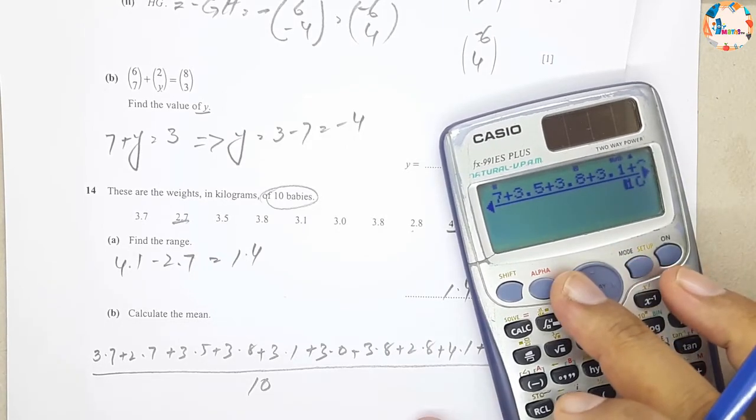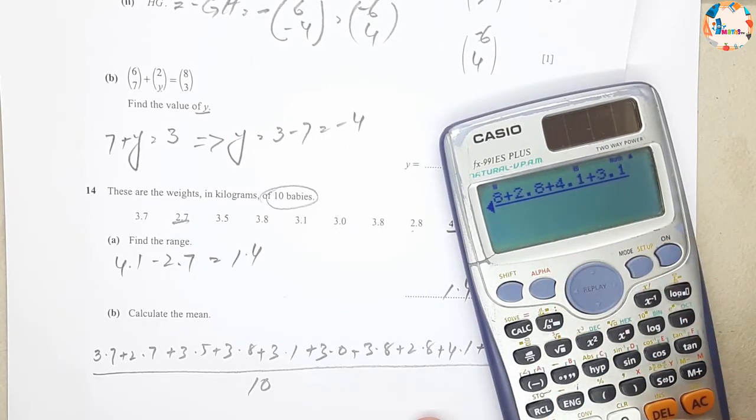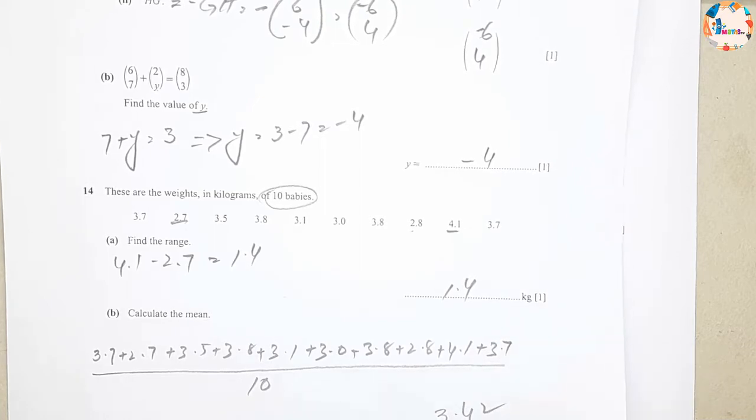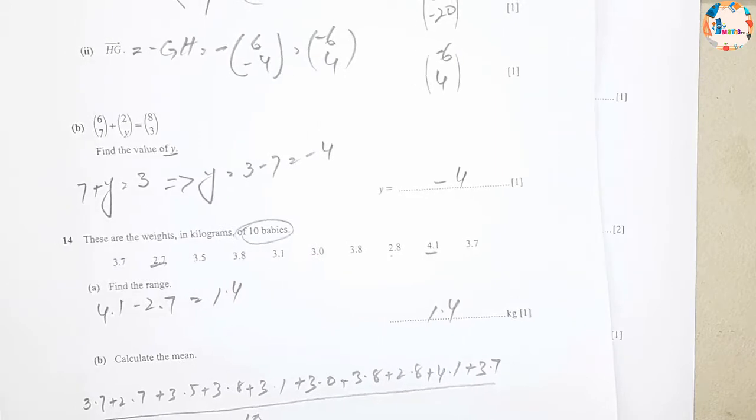It's not 1, it's 7. Basically the last number is wrong, so this will be the answer, 3.42. So this was basically 7, I read it as 1, so it will be 3.42 will be the answer. So lengthier calculations we'll have to make carefully.